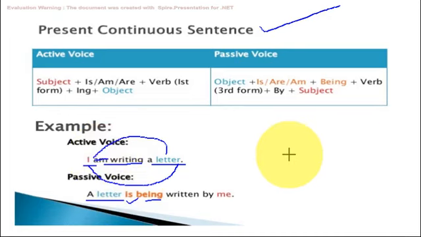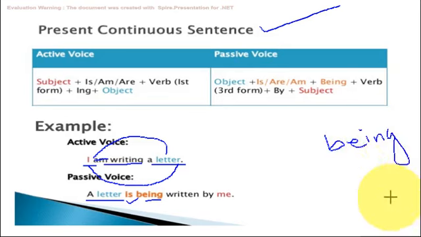And in such types of sentences, whether it may be present continuous tense, past continuous tense, in such types of sentences you have to use the form of be as it is by adding ing.